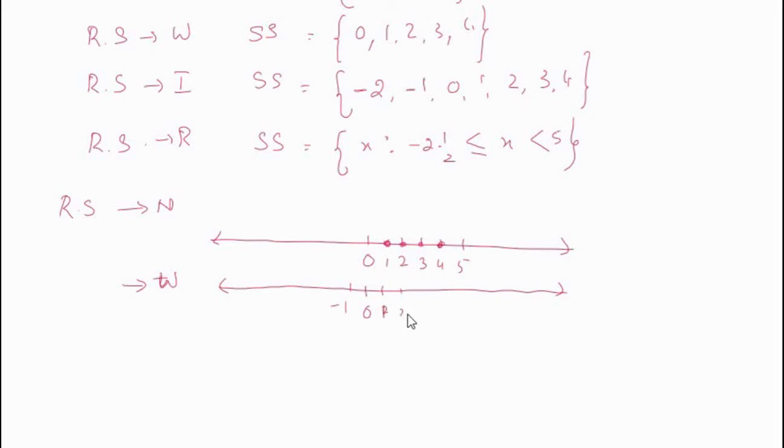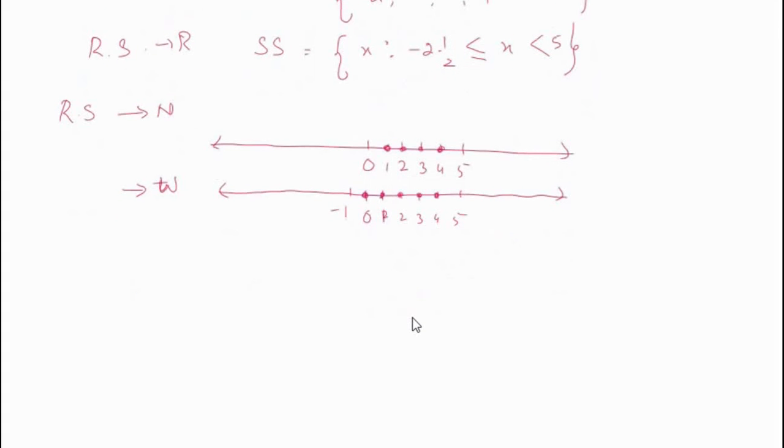So 1, 2, 3, 4, 5. We have to start with 0. x is greater than minus 2.5, but whole numbers start from 0. We need to ignore the lower values. Then all the numbers which are less than 5. So 0, 1, 2, 3 and 4. This is the solution set representation on the graph.